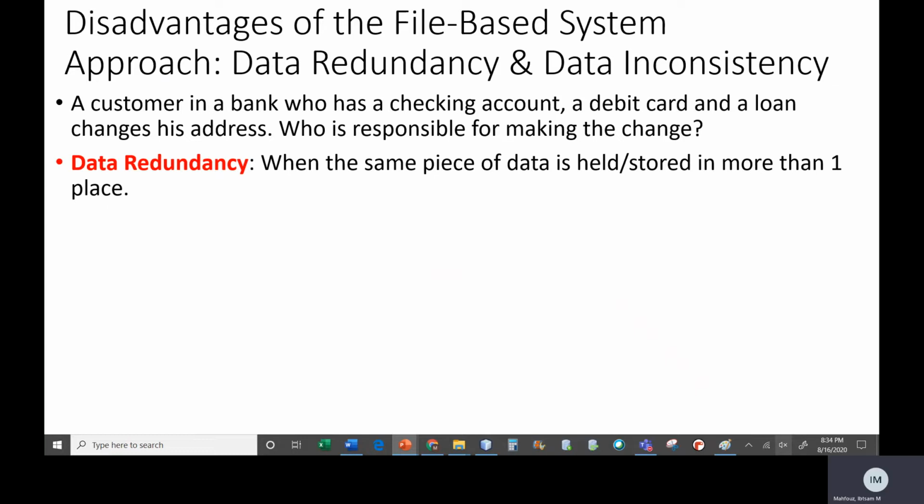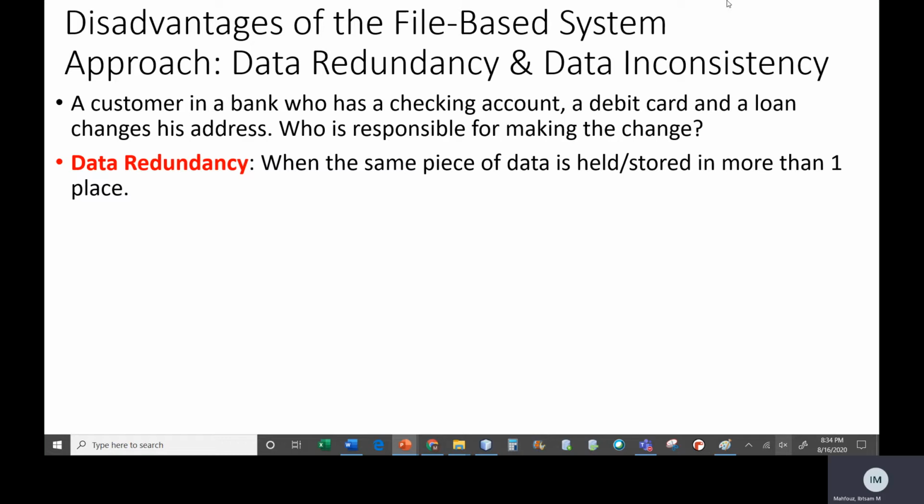And so we find that with a file-based system, because every group of people or every department is saving the information about a customer because they need access to this customer whenever they need to contact the customer, we have something called data redundancy. We have redundant data that is stored in more than one place.